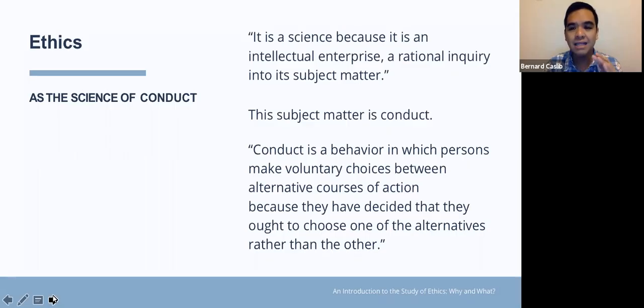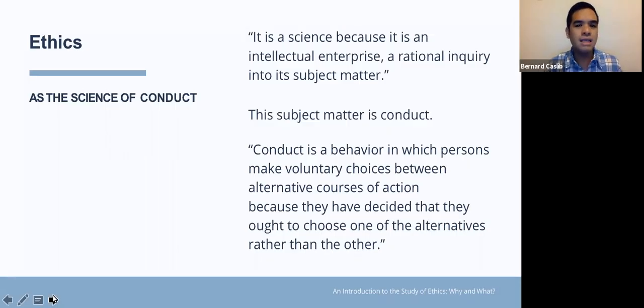It is also an intellectual enterprise, which means that hindi ito bola-bolan lang. This is a serious matter for those who actually study ethics. We try to understand what it means for something to be good and for something to be right, for example. And it's a rational enterprise, which means it's reasonable, and as a field of study, it utilizes reason and not just feelings or a pseudoscience in order to look into its subject matter, good and bad.